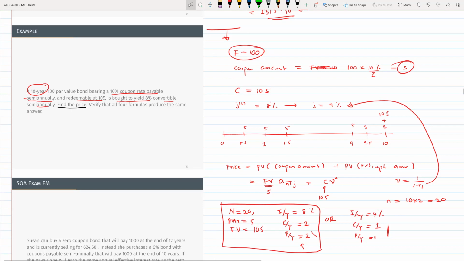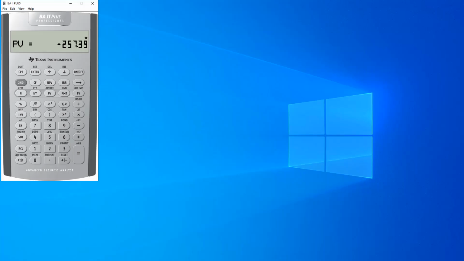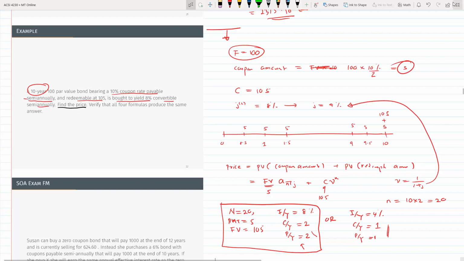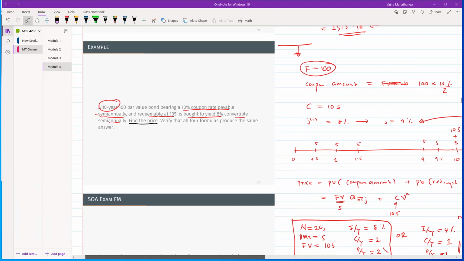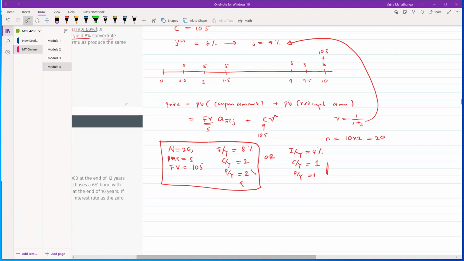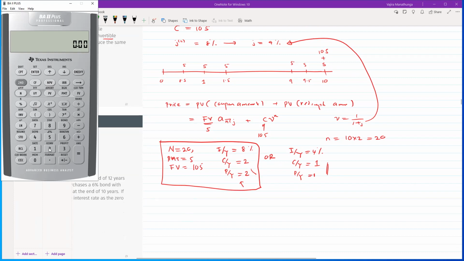So let's use our calculator and see what we get. Let me reset this one. Okay, so let's enter this into the calculator. We have 20 as N, 8 as I/Y, then second P/Y, payments per year is 2, and compounding per year 2.